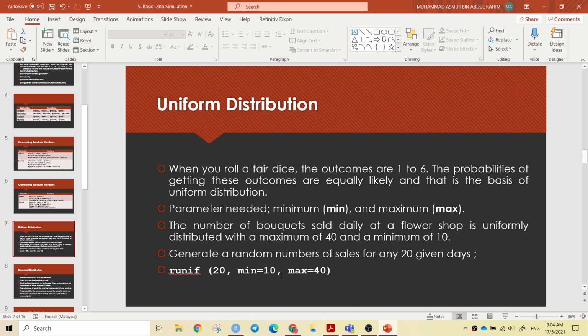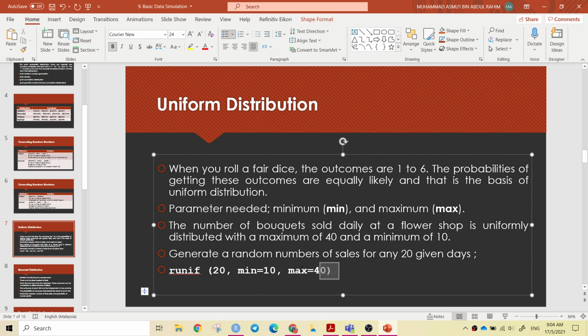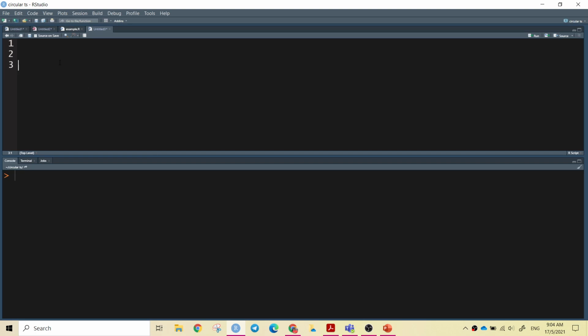So we want to generate random numbers based on this event for how many days? 20 given days. So we use this function, and then you run.